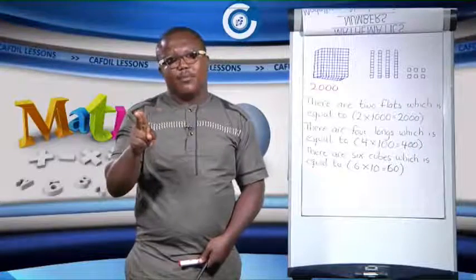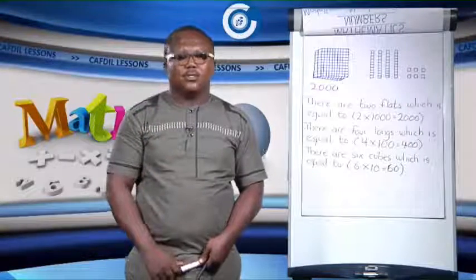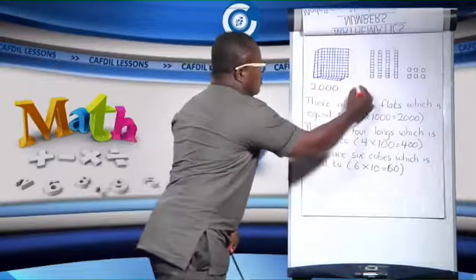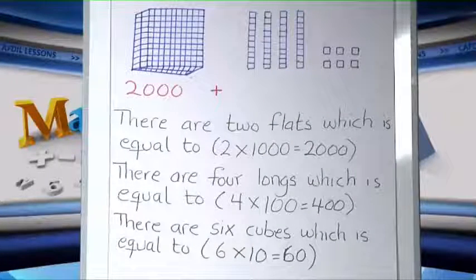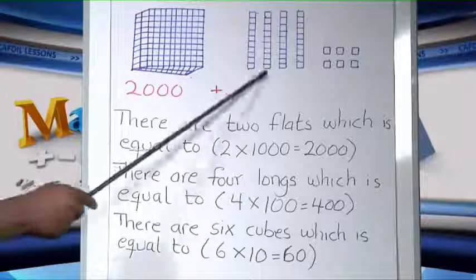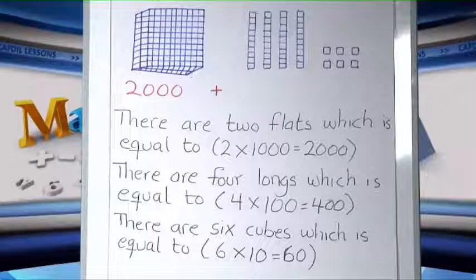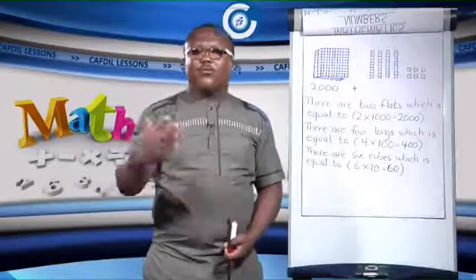So 2 of them will be 2,000. Plus, how many longs are there? 4. But we said 1 long represents 100.